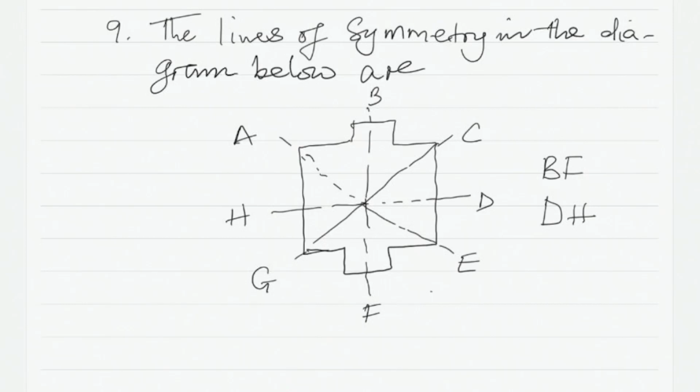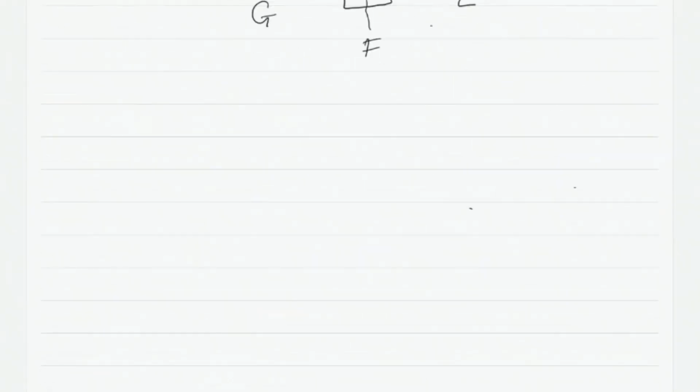Then H and D. So D and H fitted nicely. So this shape has only two lines of symmetry. According to our question here, the answer is going to be D, BF and DH.